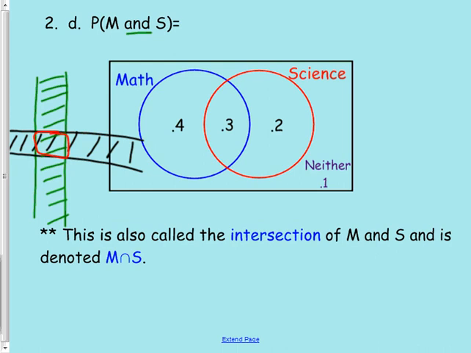You've heard of the intersection. All right. Well, this is an intersection, where they overlap. And this little symbol right here, the upside down U, means intersection.